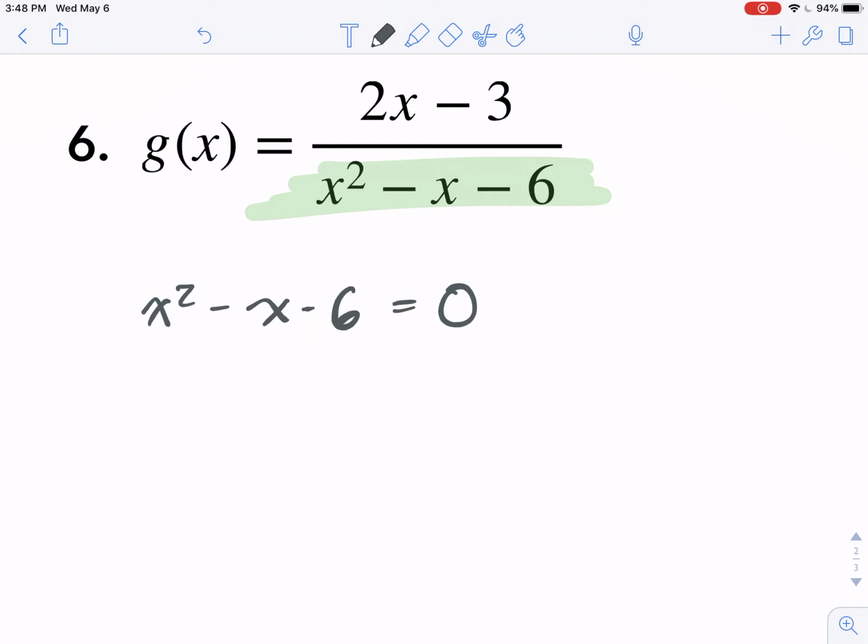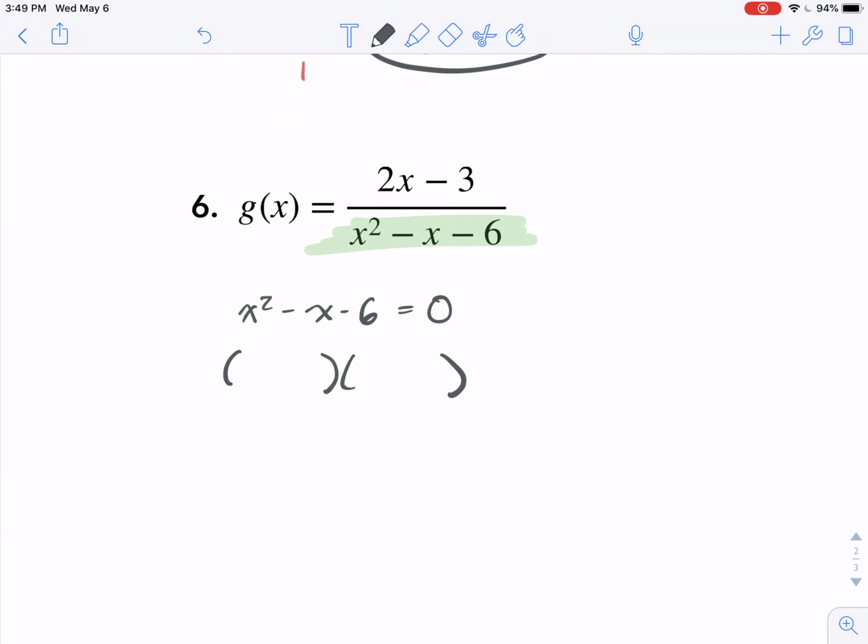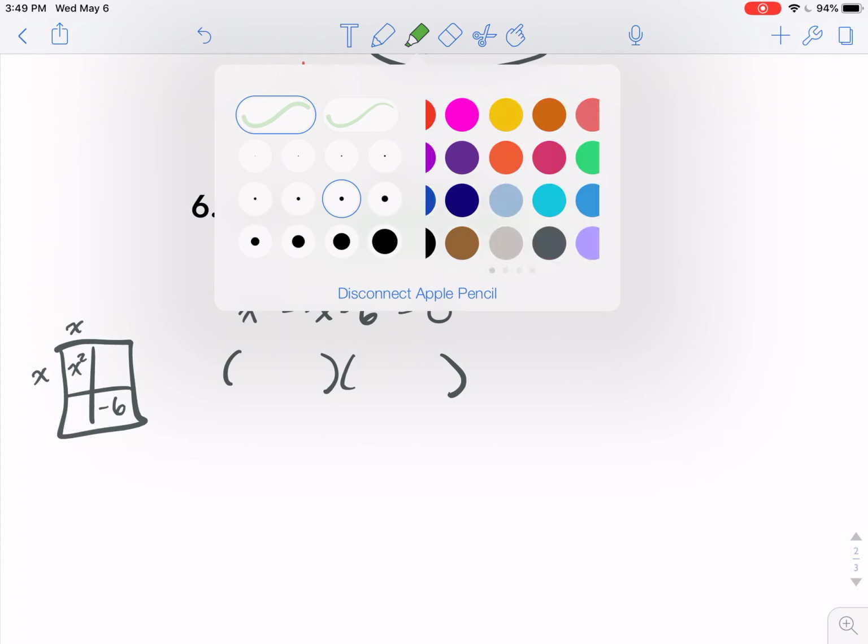Oh yeah, let's factor it. When factoring, we are looking for two numbers that multiply to negative 6 and add to negative 1. So I'm going to do my box guy. We need negative x squared, and we got negative 6. So I know we need x.